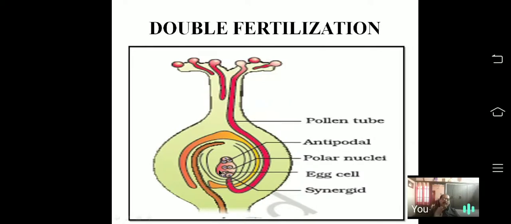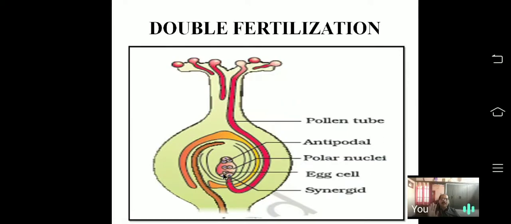Of the two male gametes, one male gamete, or sperm, is fused with this haploid egg cell. A haploid sperm is fused with a haploid egg to produce a diploid zygote.